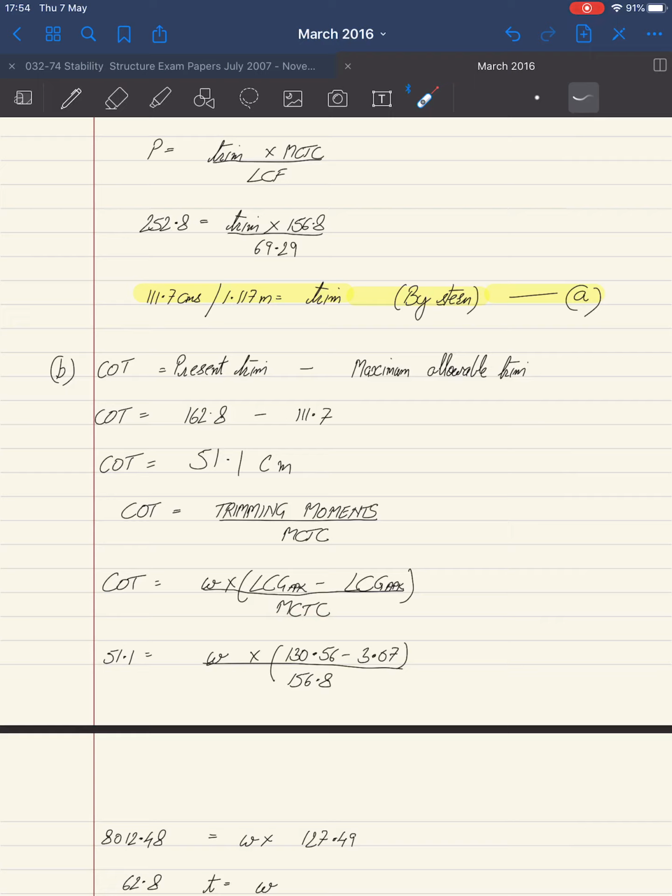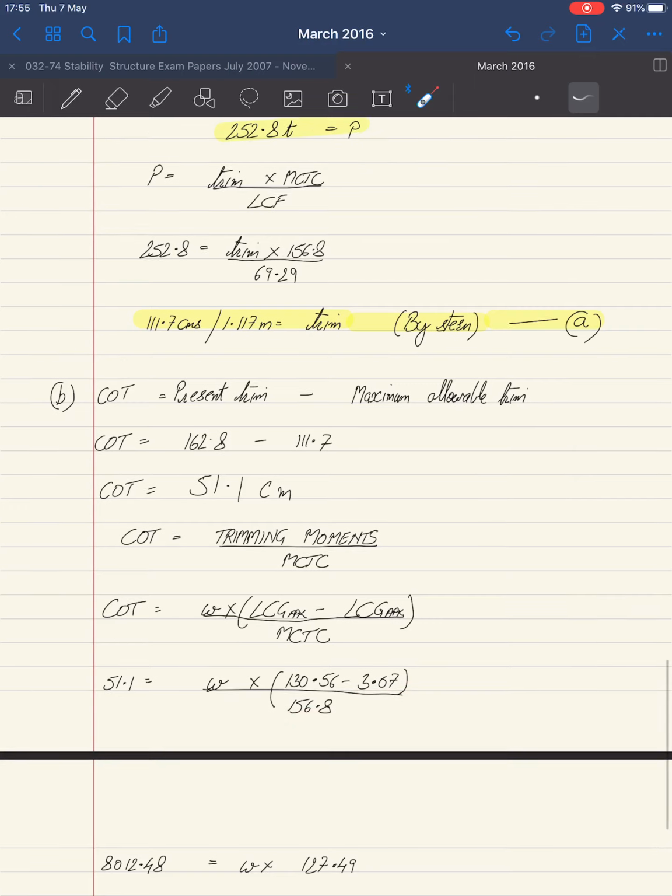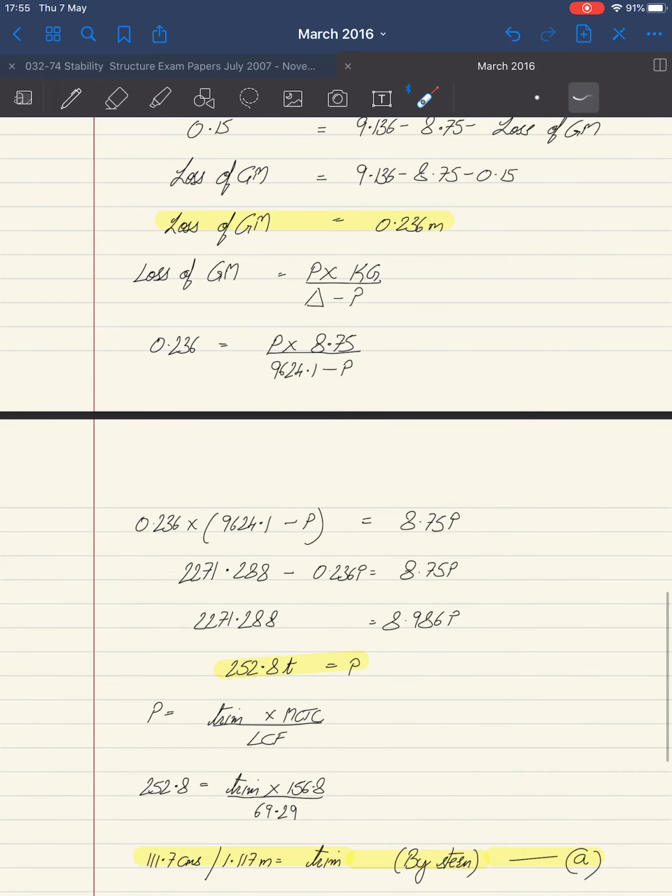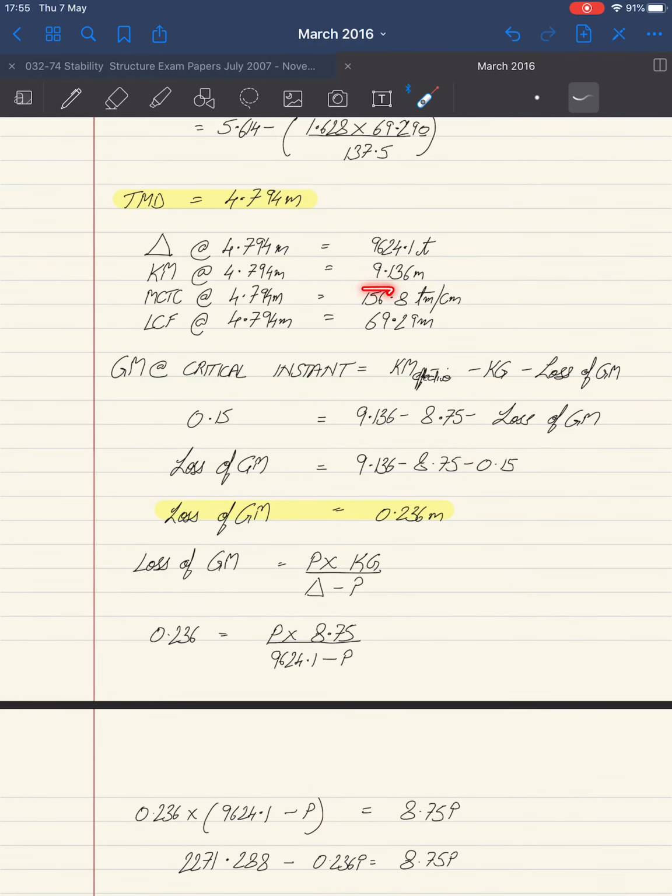So change of trim, we'll put the value as 51.1 centimeters, which we have got from here. Weight is what we are supposed to find out. LCG of forepeak tank is 130.56, which we have got from the ship's particulars. And the LCG of aftpeak tank is 3.07 meters, which we have got from ship's particulars. The MCTC is 156.8, which we had found out initially.